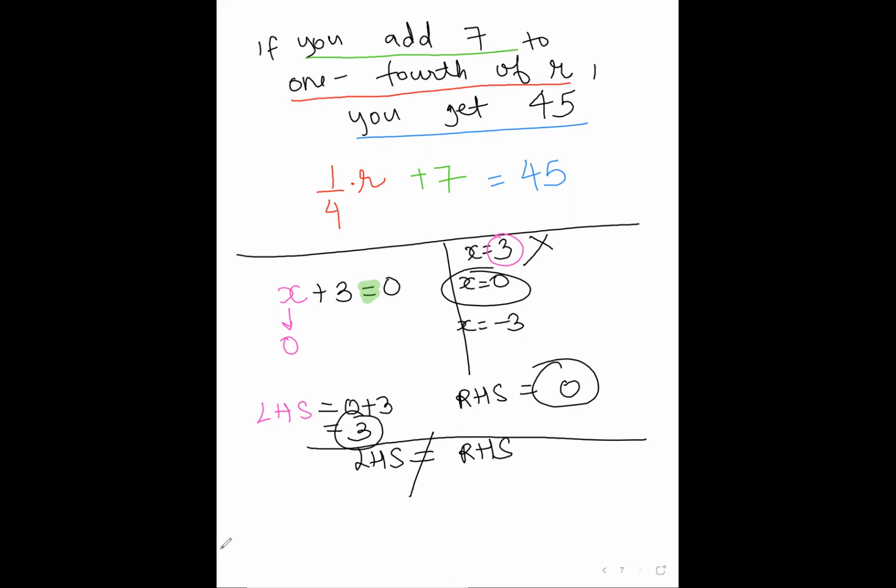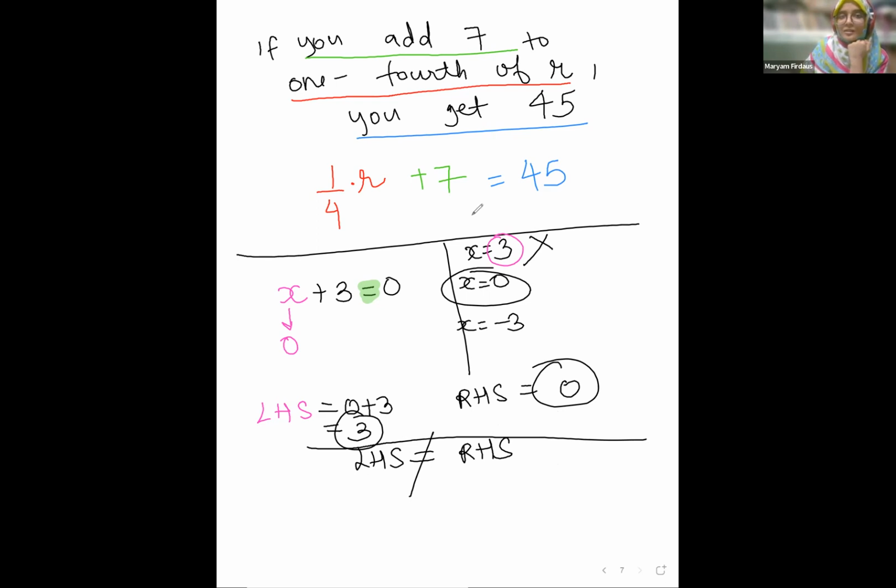It is not satisfied, because it's not making the equation true, right? If we put x is equal to 0, we will get 0 plus 3 is equal to 0, which is not true, it is false. Therefore, we say that the equation is not satisfied.